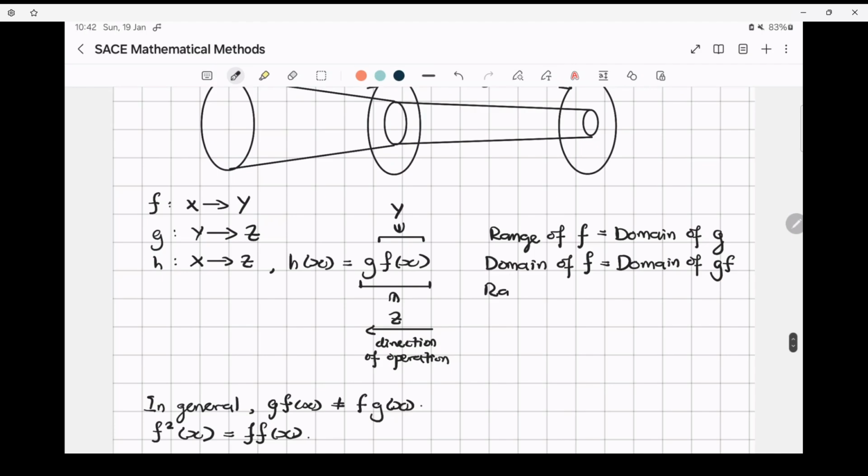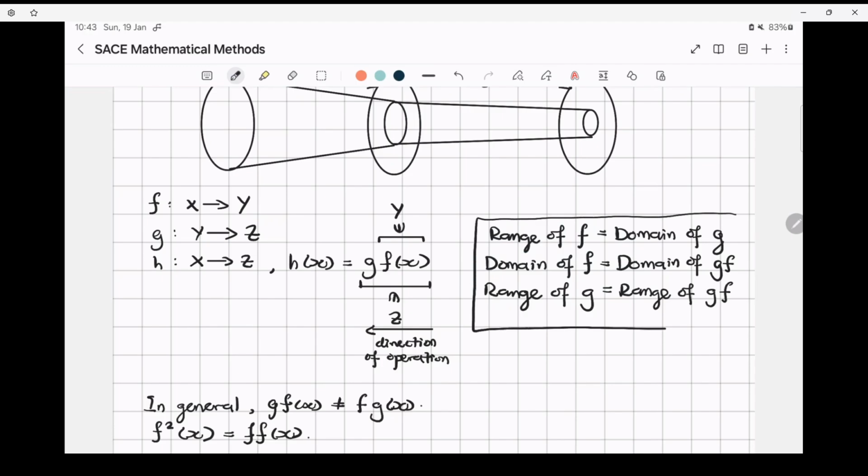The range of g will be the range of gf. So those are the things that you can notice from the diagram.